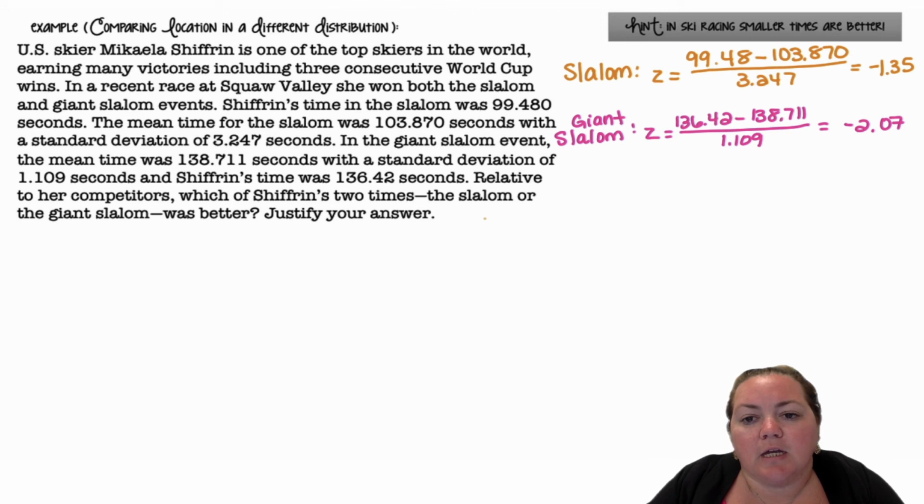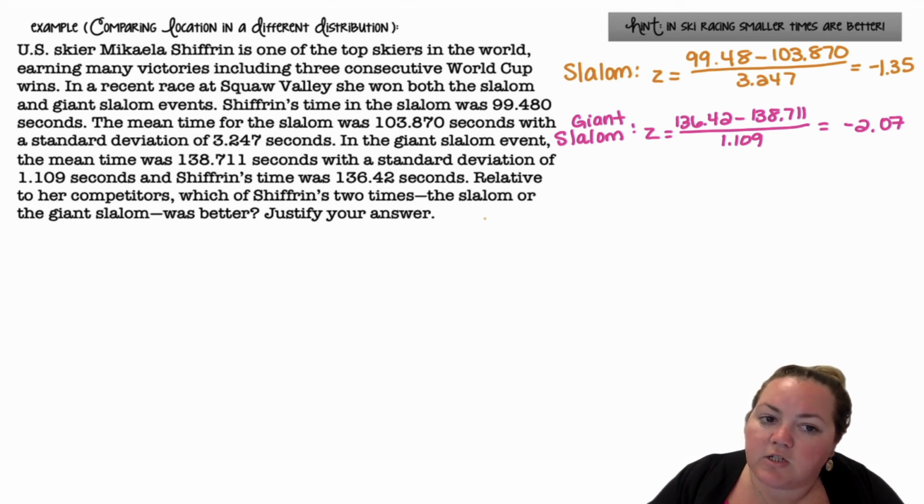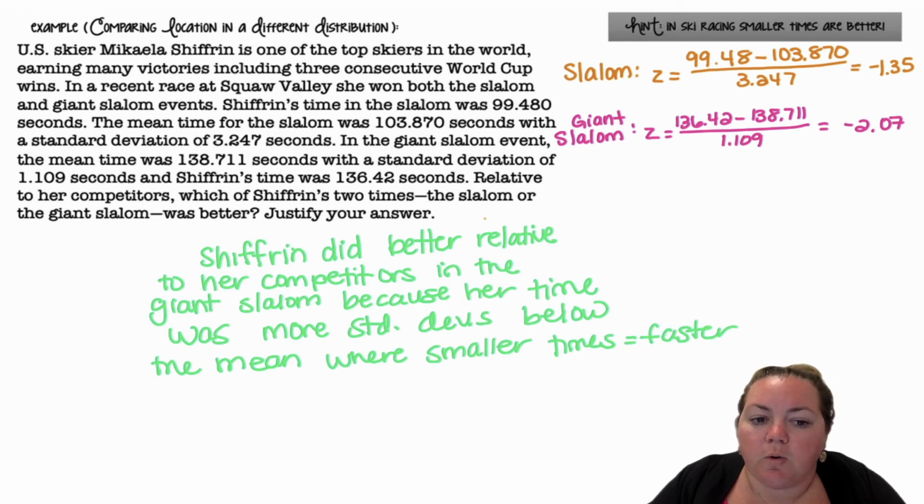So again, she was 2.07 standard deviations below the mean, so she was faster than the average. So Shiffrin did better relative to her competitors in the giant slalom because her time was more standard deviations below the mean, where smaller times equals a faster run.